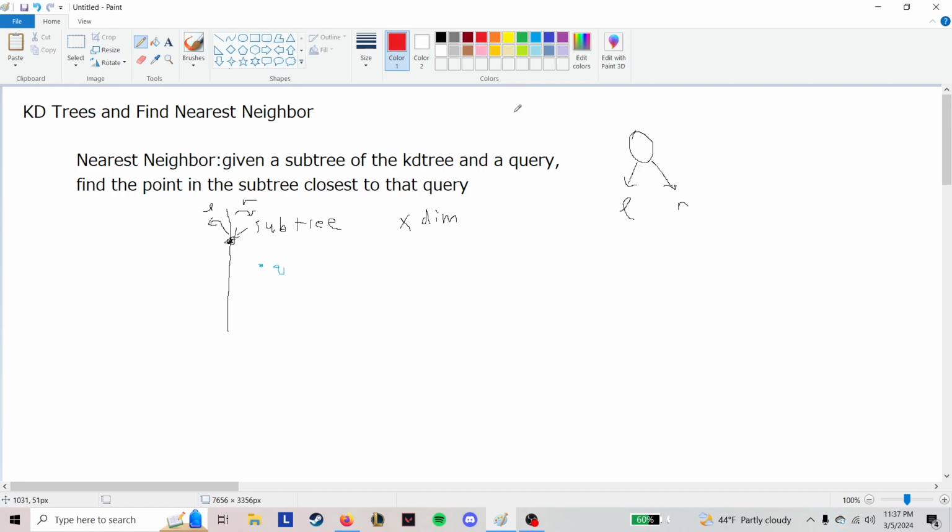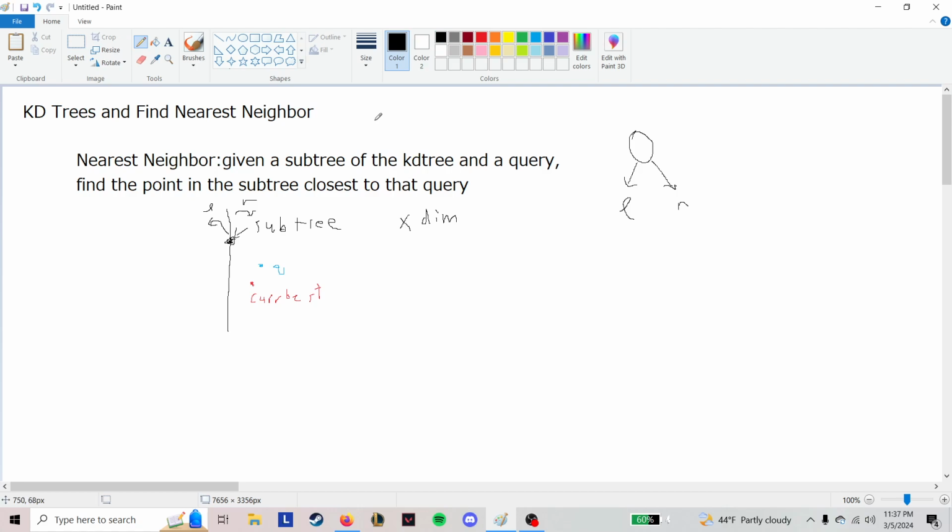And let's say we find that the nearest point is, I don't know, right here. So let's say this is the current best point that the recursion found from looking on the right half of the subtree.